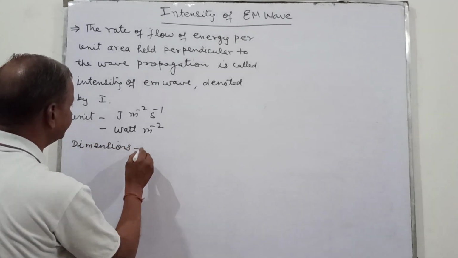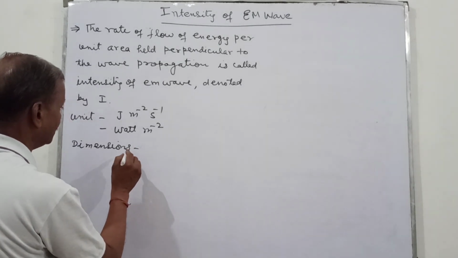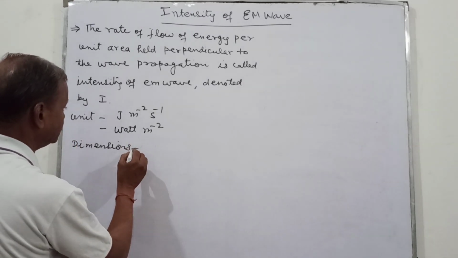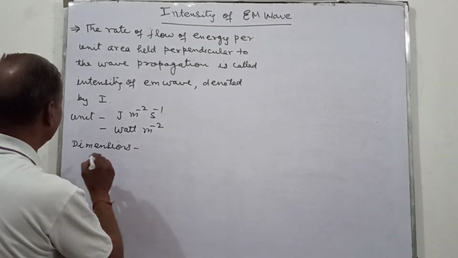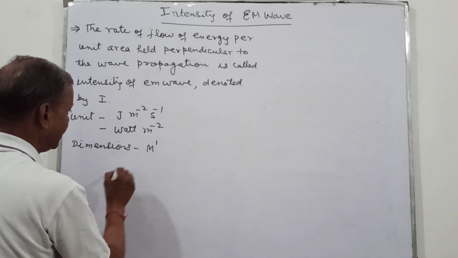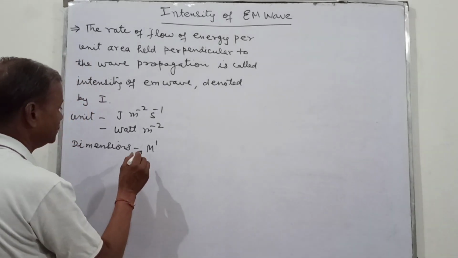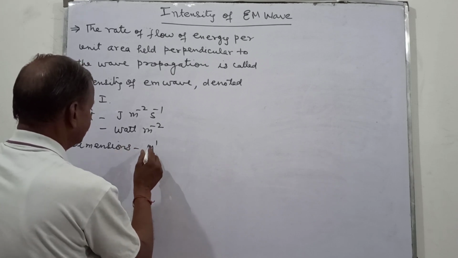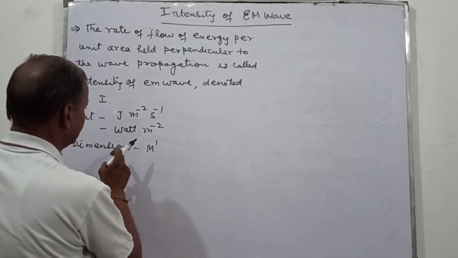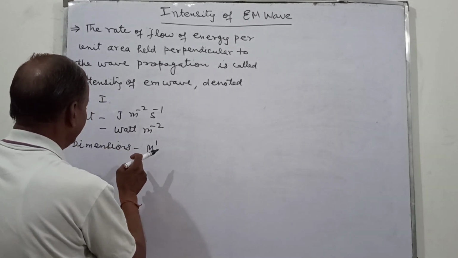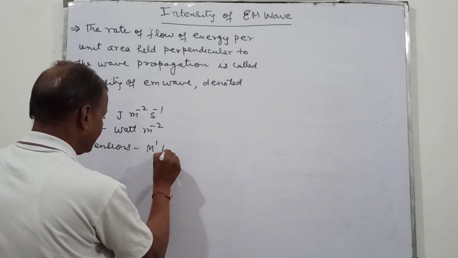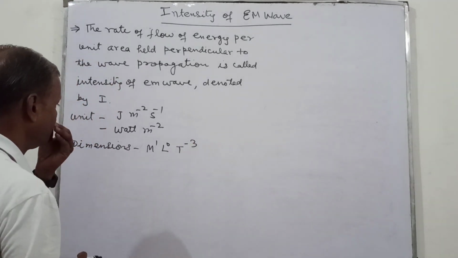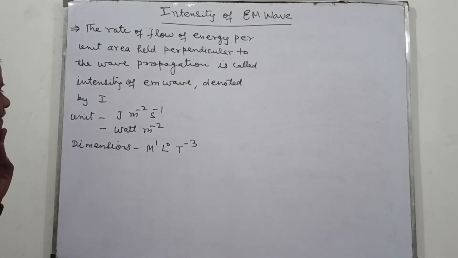This is now your M1 L2, that will cancel by this one, L0 T minus 3, M1 L0 T minus 3.